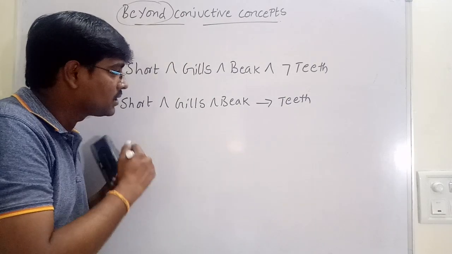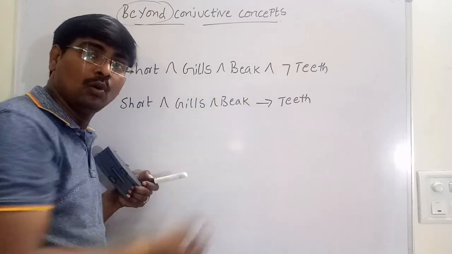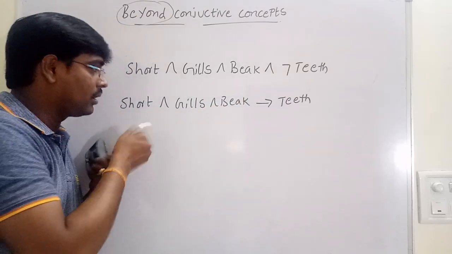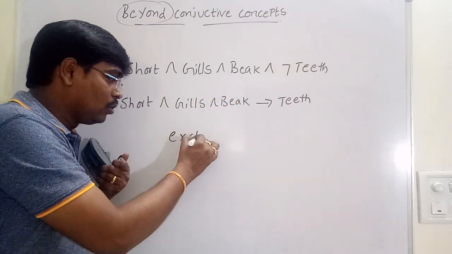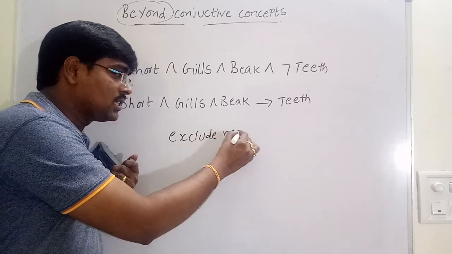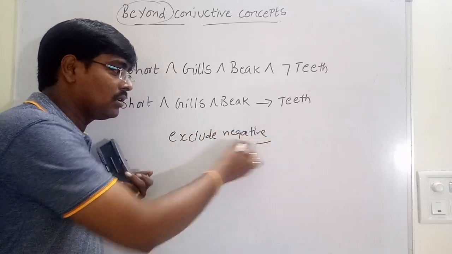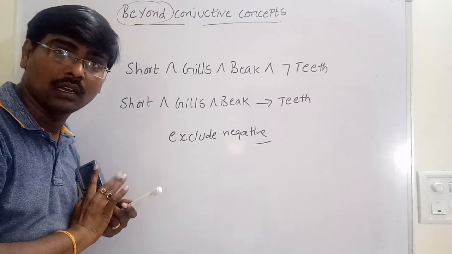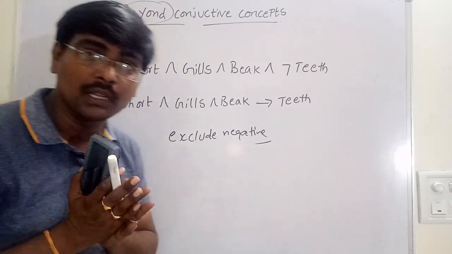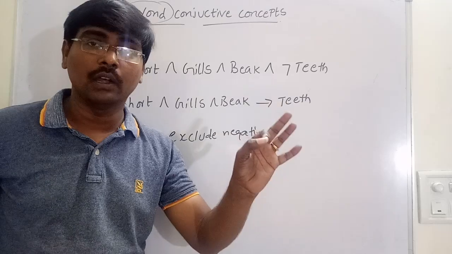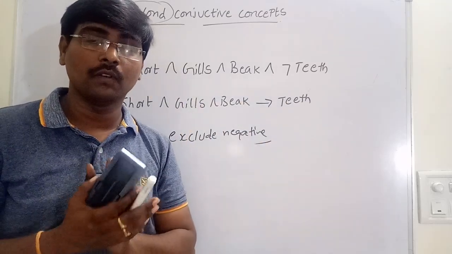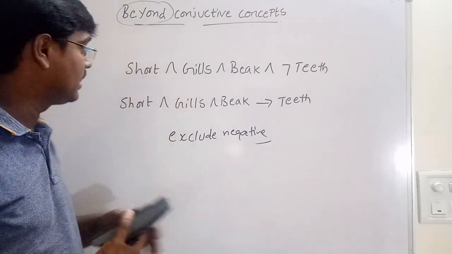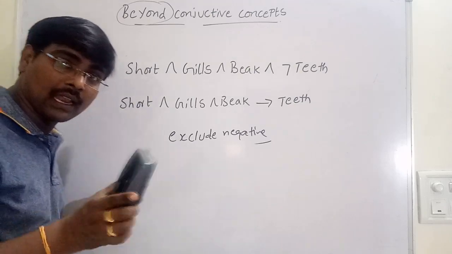What is the purpose of this? To exclude any negative. Remember, I am writing this to exclude negatives, that is, negatives are not covered. This is the Horn clause. The concept is very simple: instead of a literal, we are using the clause. Now consider an algorithm.